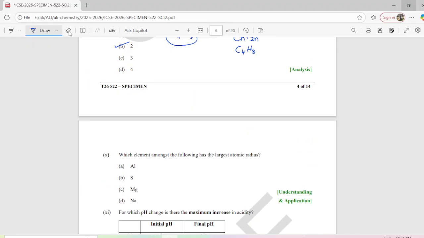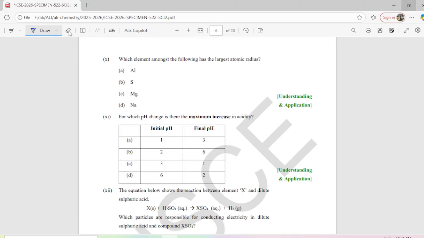Right, next. Which element among the following has the largest atomic radius? As you see, aluminium, sulfur, magnesium, sodium, they all belong to the same period, that is period 3. In the order, first comes sodium, then magnesium, after that aluminium, then sulfur.